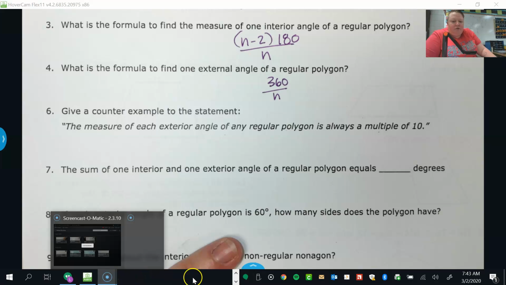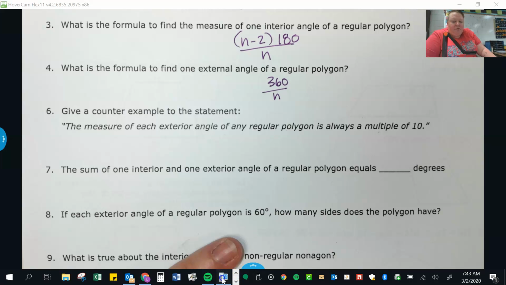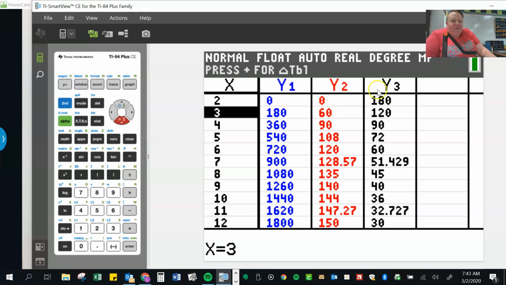So I'm going to go to my calculator where I have put my equations into my y1, y2, and y3. In my y3, I put 360 divided by n. So these are my exterior angles. 180 is a multiple of 10, 120 is a multiple of 10, 90 is a multiple of 10, 72, not a multiple of 10.